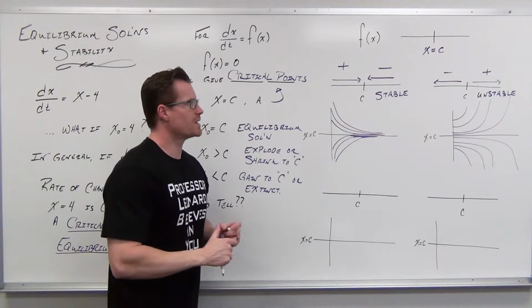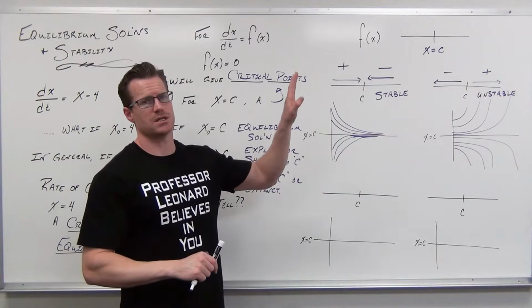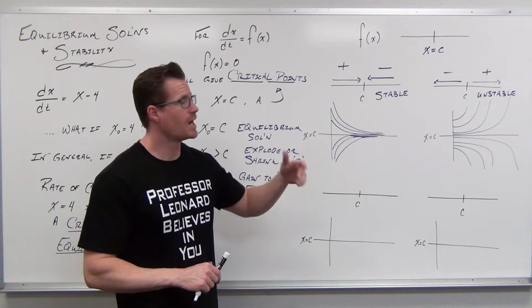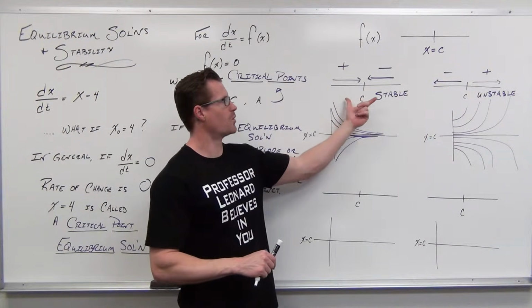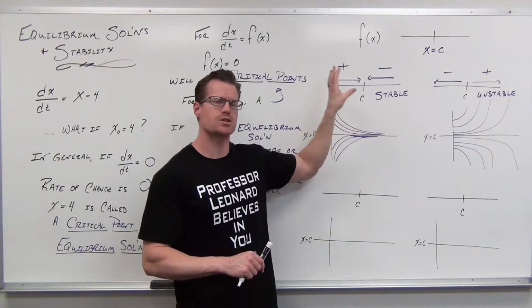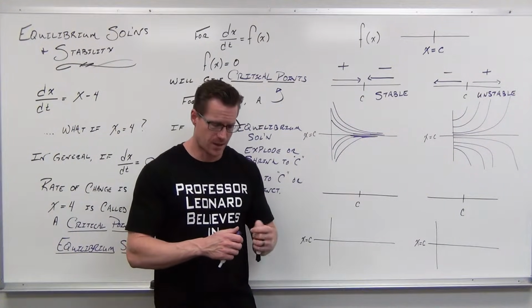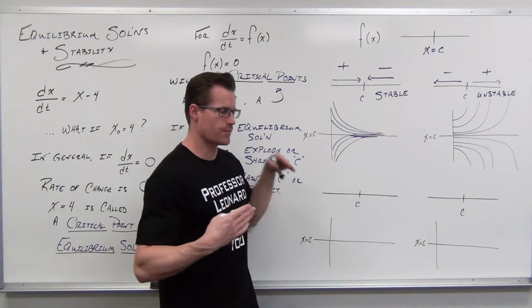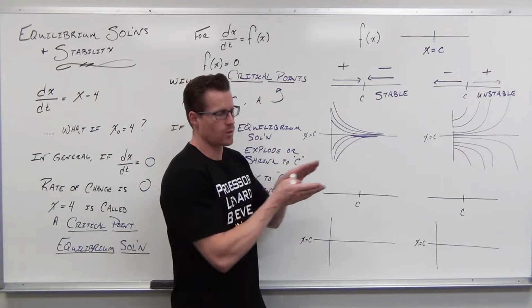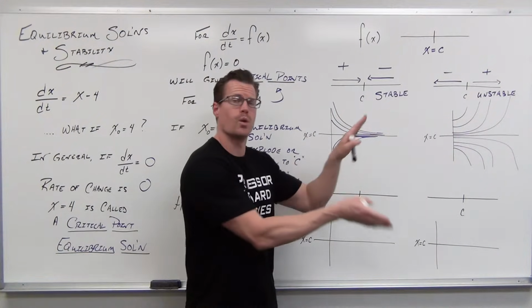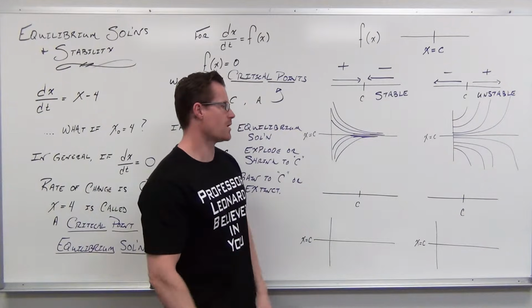If your slope is positive, your function's increasing. If your slope is negative, your function is decreasing. And then how your slope interacts around your critical point will tell you whether you have what's called a stable critical point or a funnel, or an unstable critical point, or a spout, going to or going away from that critical point in a neighborhood around it.